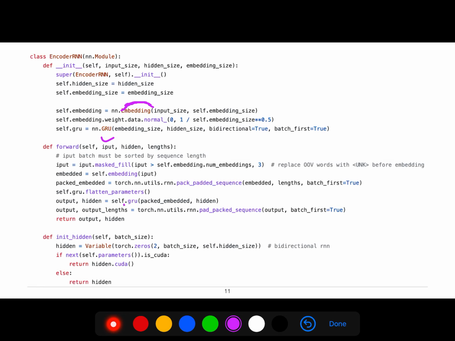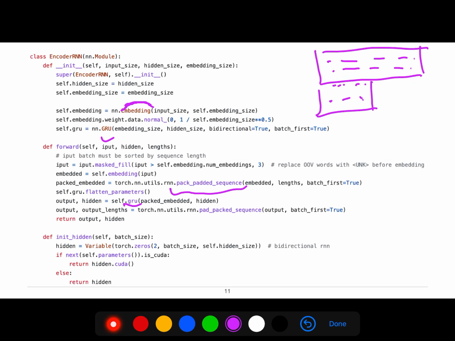Before giving it to GRU, as I told you in previous lectures, we do packing the padded sequence because some sentences are not equal, so we make them into some packs. This is how we create our batches, because we make sure that the sentences inside a particular batch have the same length.